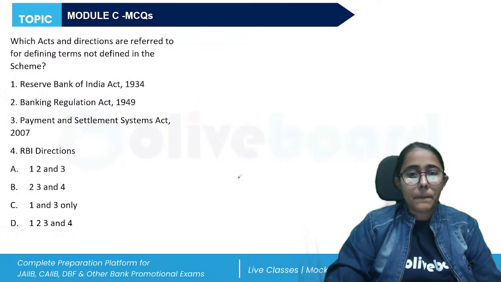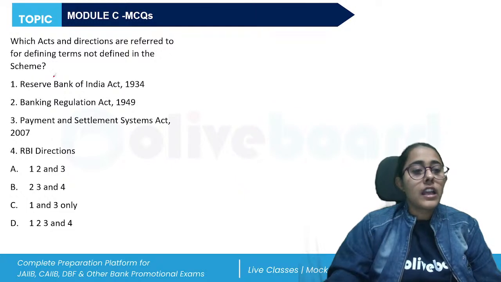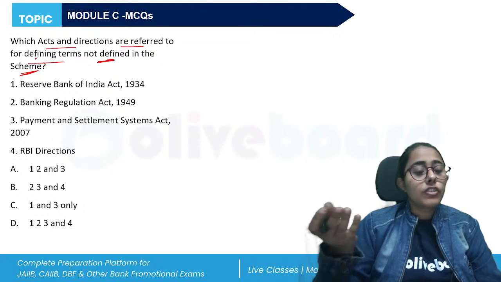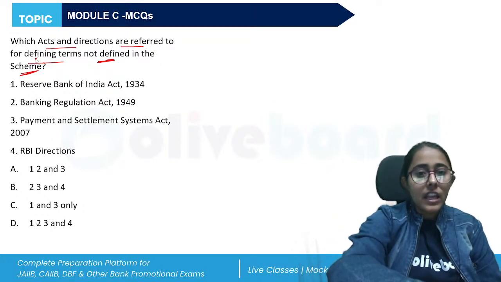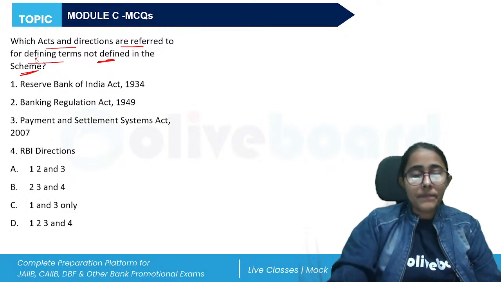Then next question, which acts and directions are referred to for defining the terms not defined in the scheme? So apart from the definitions given in the scheme that we just discussed, various other terms are defined. But these are defined in the different acts. And these definitions are accepted under the scheme.